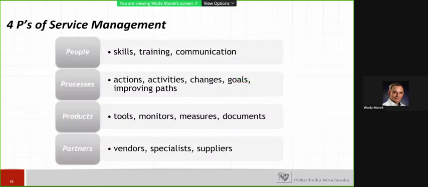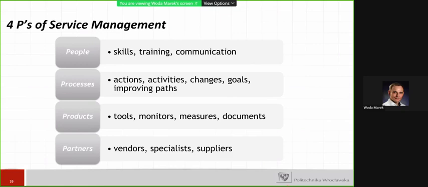And service management is also described by the so-called 4Ps. They are the components of every service management. With the infrastructure, we rely on people. Definitely, we also have processes and products. The values which we produce are products, so tools, that could be monitors, whatever, cars, or also services, and partners which we rely on.